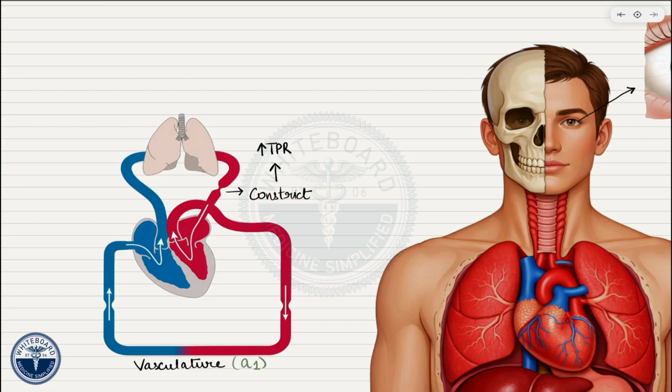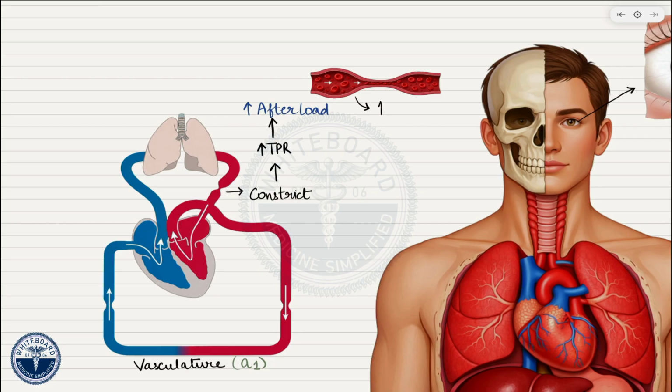This increased resistance against which the heart must pump is called afterload. Therefore, alpha-1 receptor stimulation increases afterload. In other words, the heart has to work harder to pump blood against this increased resistance. As a result, blood tends to remain in the arterial system for a longer period during diastole because it cannot easily flow through the constricted arterioles.